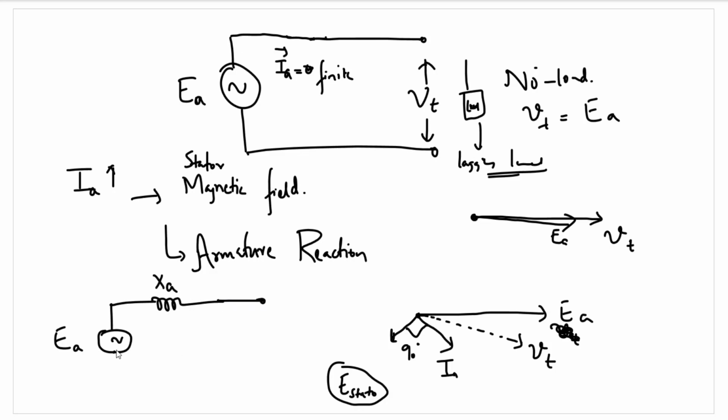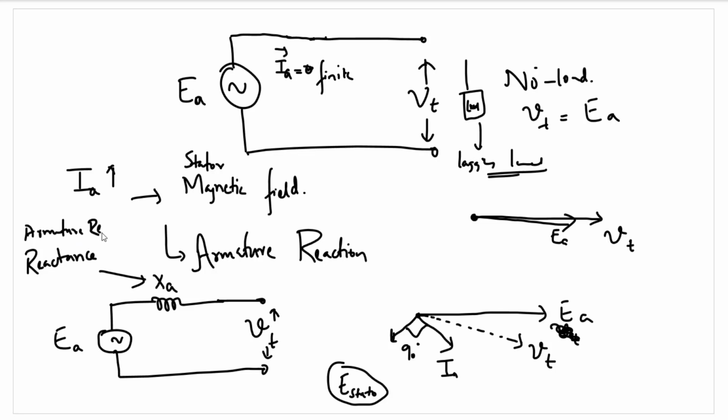XA here represents a reactance that's produced because of the effect of armature reaction. This is a reactance produced because of the armature reaction, because of which the voltage across this, that's IA XA in this case, will be equal to E stat.